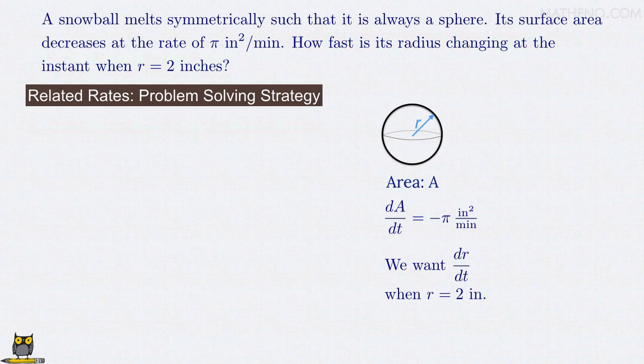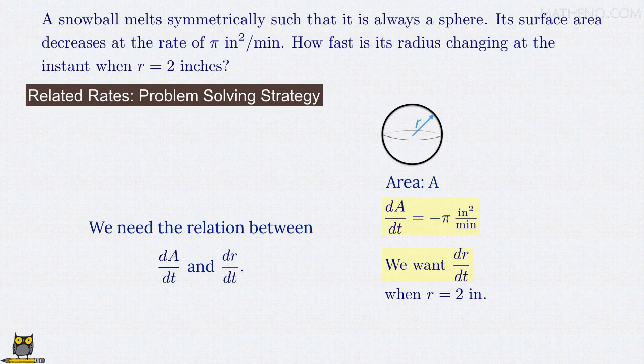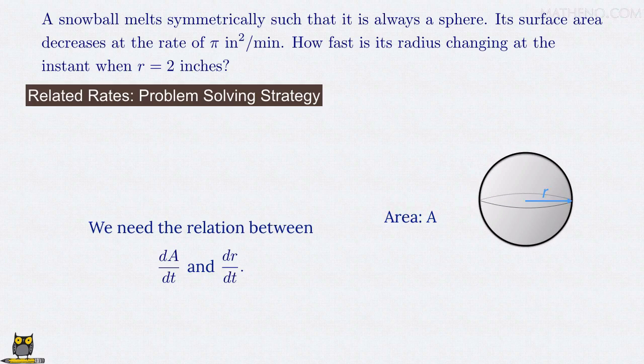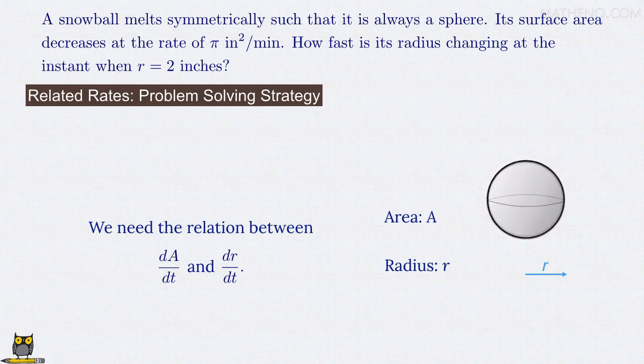We notice that the problem is telling us something about dA dt and is asking us something about dr dt, and so we need a relation between those two quantities. Let's think about what that relationship means physically for a moment and focus on the area A and the radius r. Now clearly, if the snowball melts quickly, then its radius changes quickly too.